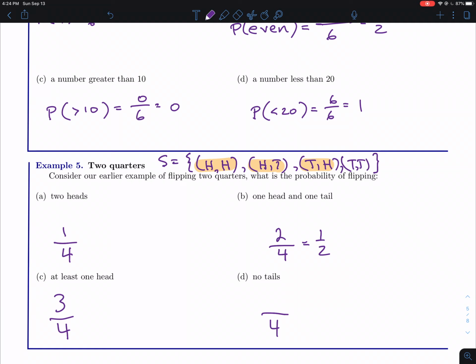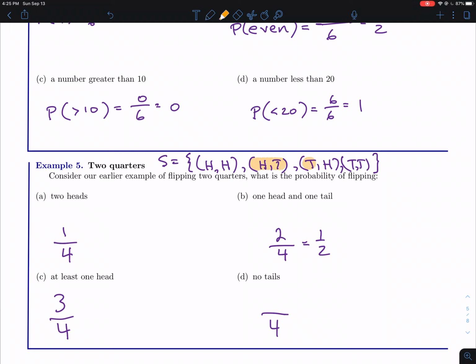All right, so finally, let's erase these. The last thing is, what's the probability of getting no tails? In this case, I don't want to get any tails at all. So anything that has a tail in it, I actually want to ignore. I'm going to strike out the ones that have tails in them.